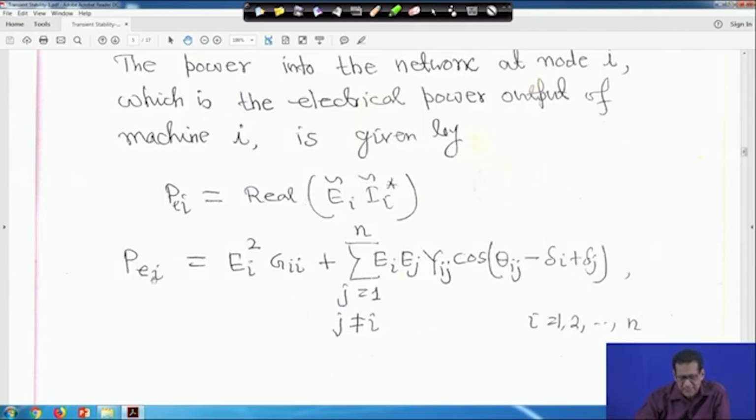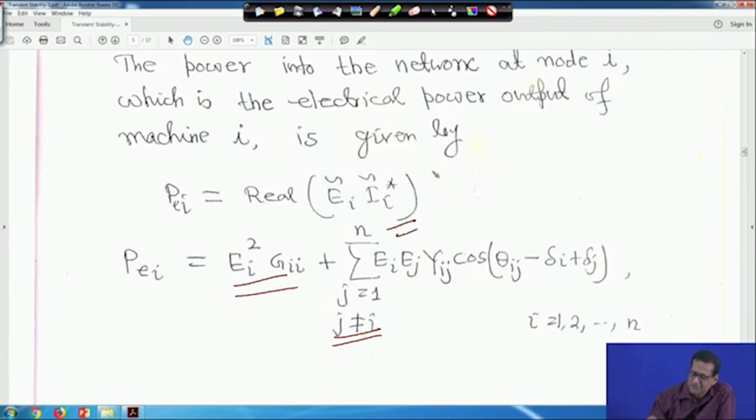So we can write PEi equal to Ei square Gii plus the sum over j equal to 1 to n, j not equal to i, of Ei Ej Yij cosine of theta ij minus delta i plus delta j. From load flow studies, you know that when you take the ith term out, it is Ei square Gii. That is why it is written with j not equal to i. In load flow studies also you know Pi is the sum over j equal to 1 to n of Vi Vj Yij cosine of theta ij minus delta i plus delta j.